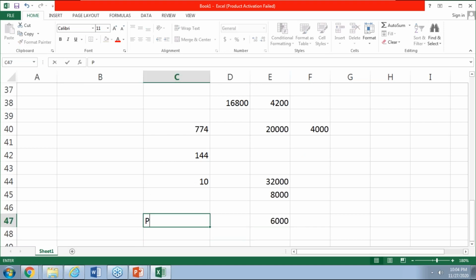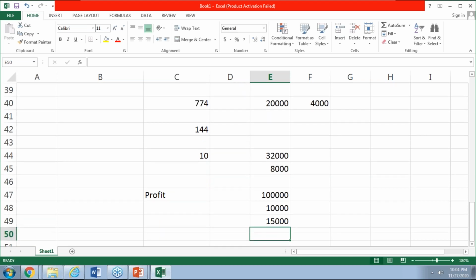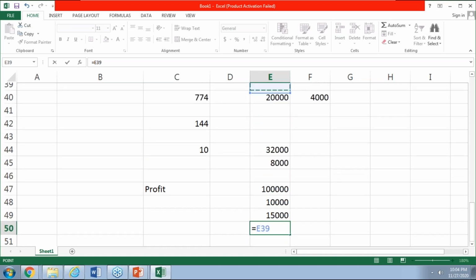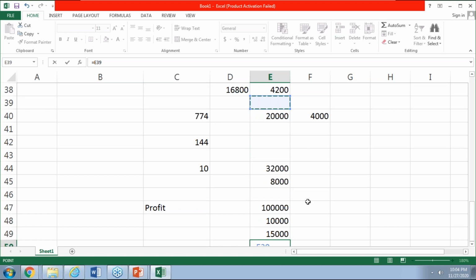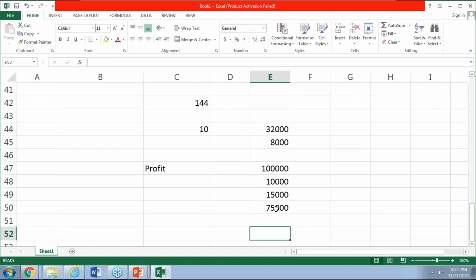The profit is 1 lakh, 6 months profit. Goodwill write-off is 10,000 and additional depreciation is 15,000. So when you subtract these two figures, we get the value, and we take 20% share for NCI. The amount will be 15,000.